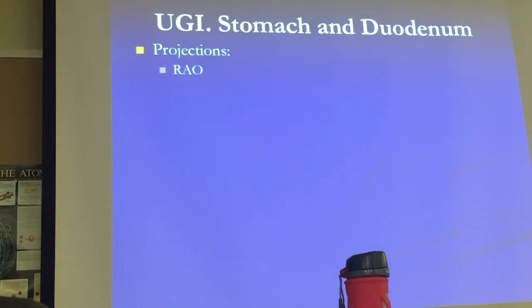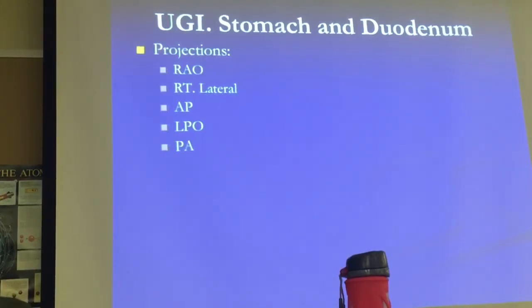Projections that are going to be done for the upper GI, guys. Typically remember, you're going to include at least one projection of the esophagus for most radiology departments. So you're going to have an RAO esophagus, but then an RAO of the stomach, then the right lateral, an AP, an LPO, a PA, is typically what is done.